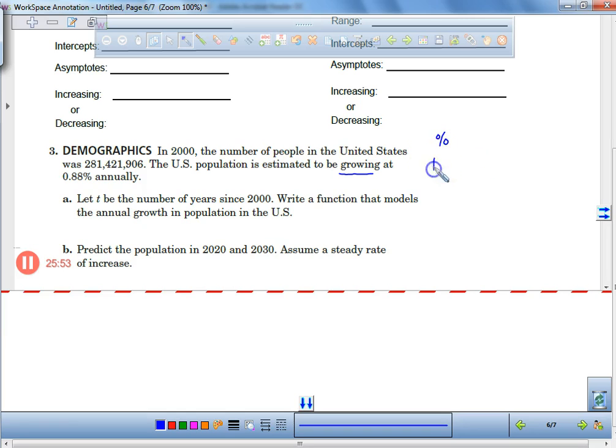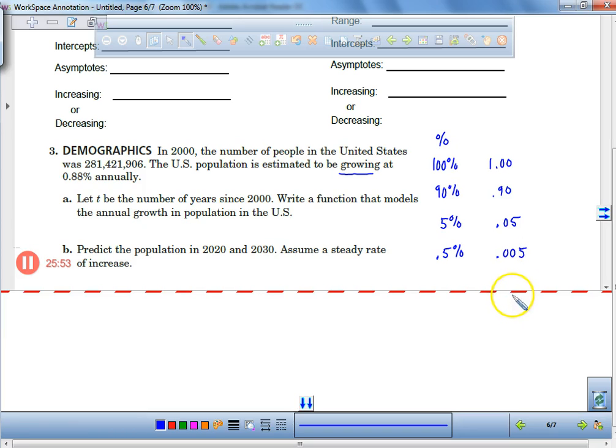Just remember, 100% as a decimal is 1.00. 90% as a decimal is 0.90. 5% as a decimal is 0.05. 0.5% as a decimal would be 0.005.